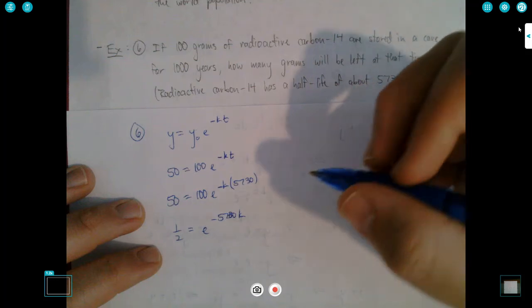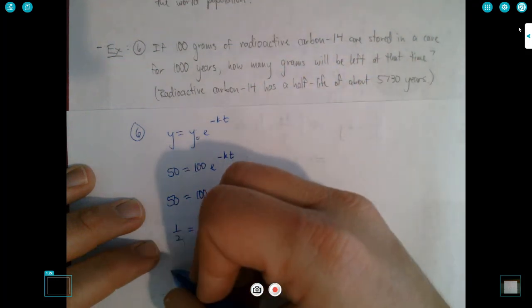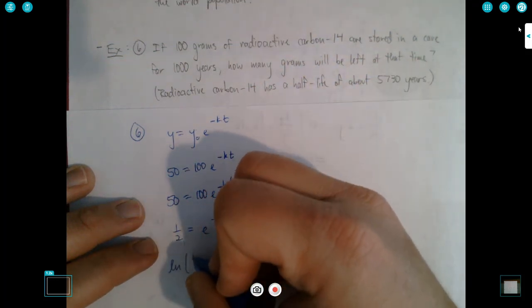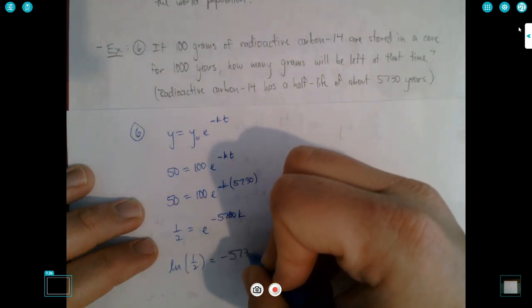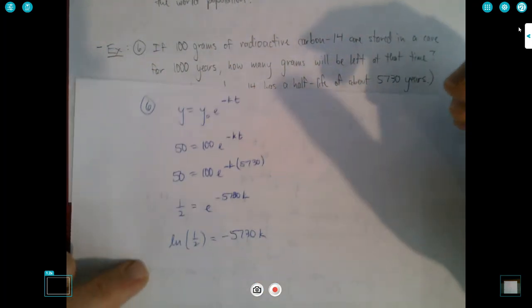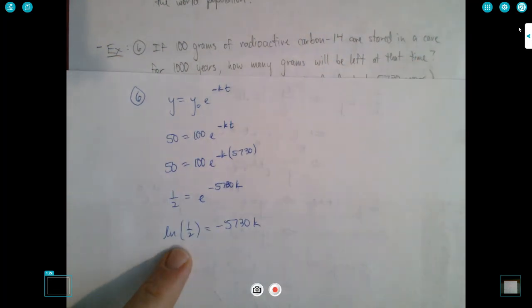We can take the natural log of both sides. By the way, this is ln of 1 minus ln of 2, which is just 0 minus ln of 2, so this is just negative ln of 2.